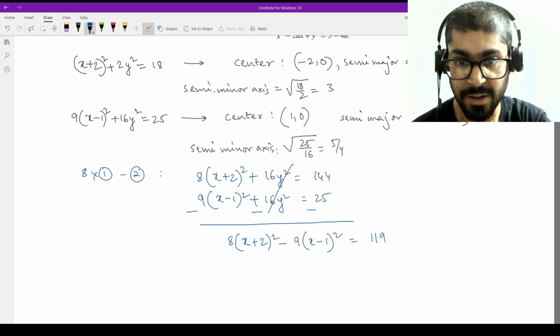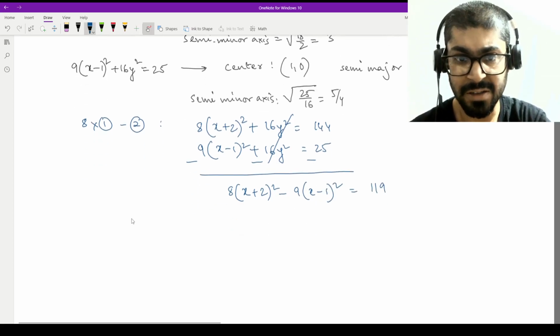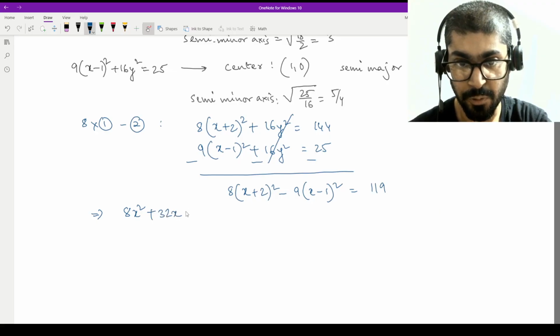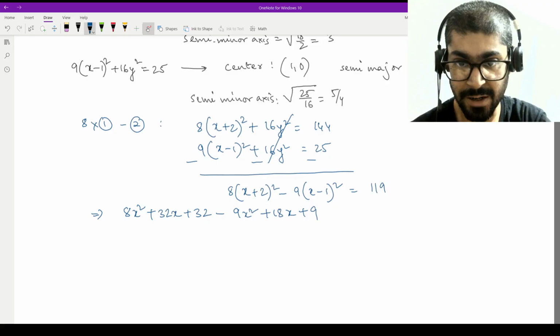That is the equation. Now there are no clever ways to go around these apart from expanding. So this will be 8x² + 32x + 32, since 2 squared is 4 and 8 fours are 32, minus 9x² + 18x - 9, since 1 squared is 1. I hope I have done the calculations correctly.